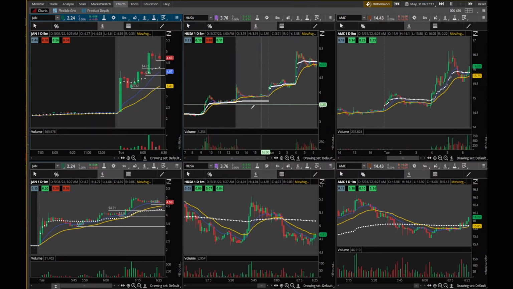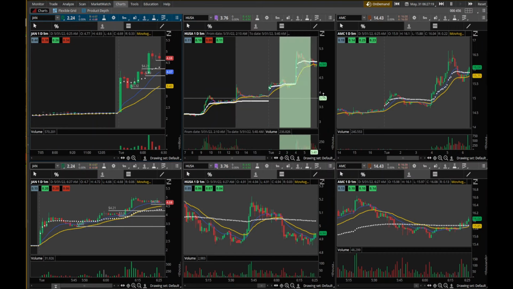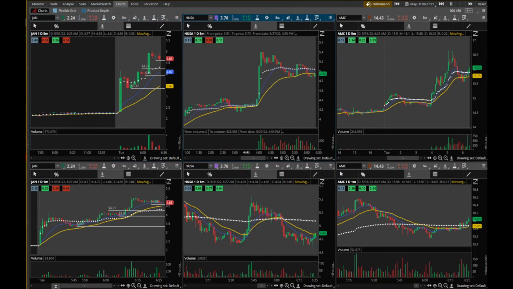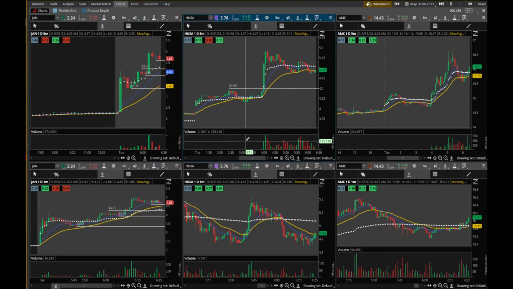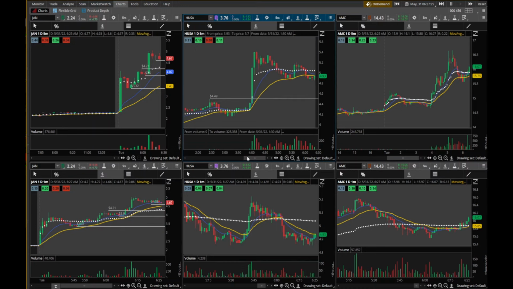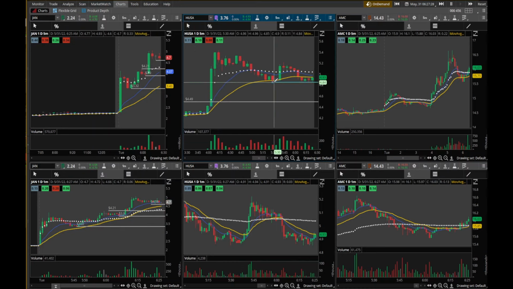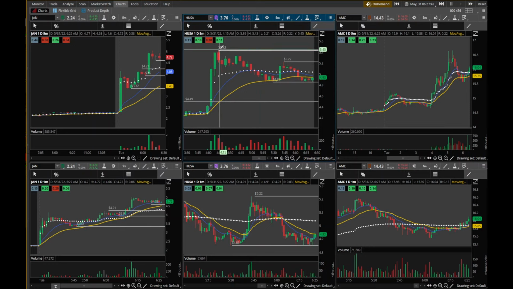Over to HUSA. Nice stair step up here on HUSA as well. Big old pivot there at about 450. We've got a support right there that we've already come down here and tested. And I'll mark some resistances that we need to get over. Nice bull flag on this 5-minute time frame.